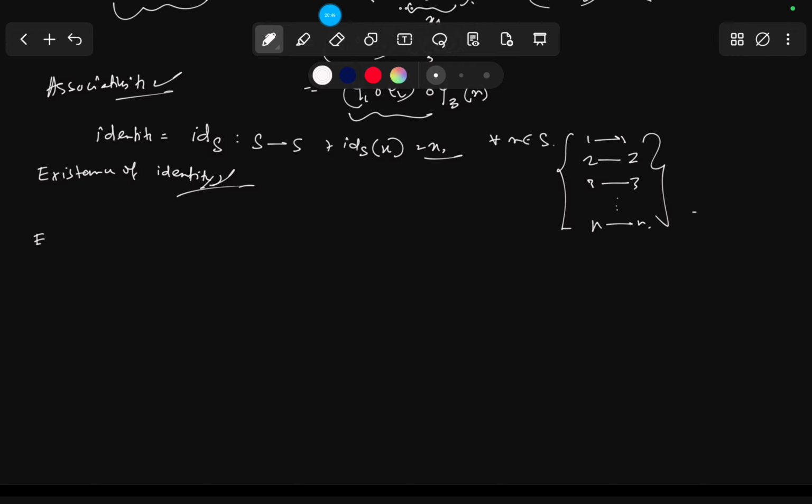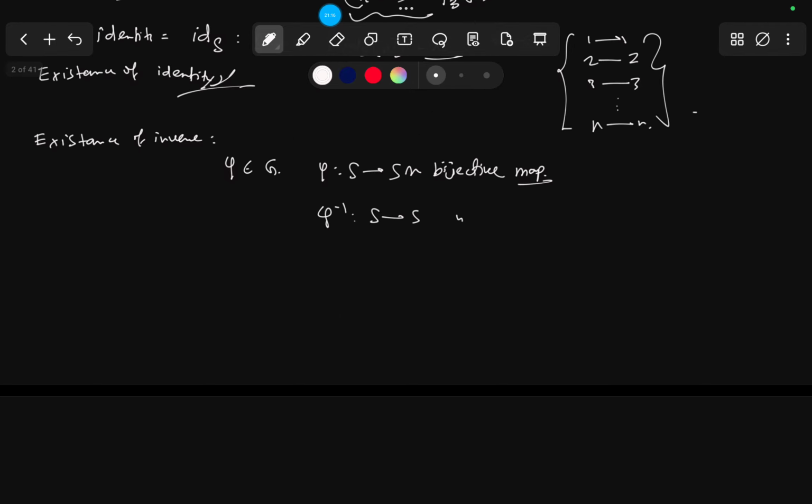And thirdly, existence of inverse. So let's say phi belongs to G, so phi is a bijective map from S to S, right? That means we can talk about phi inverse, which is also a bijection from S to S, right? So phi composed with phi inverse is the identity over S, basically the same as phi inverse composed with phi.